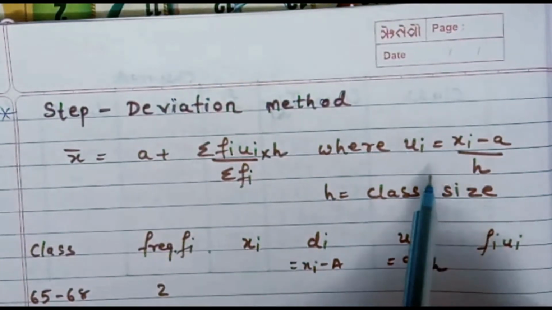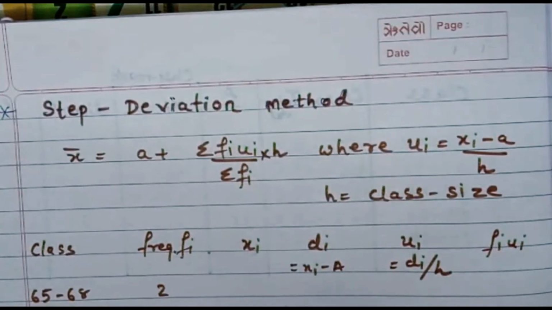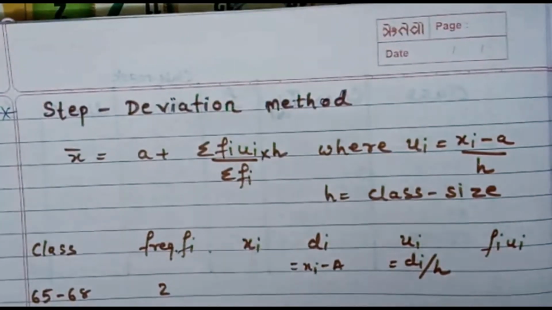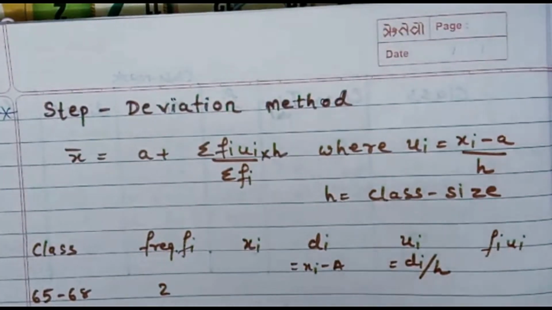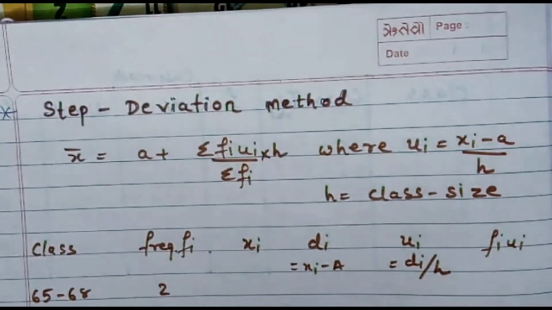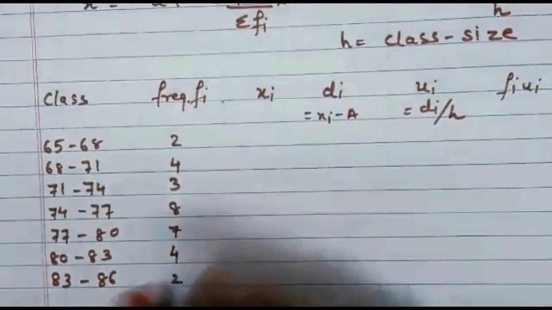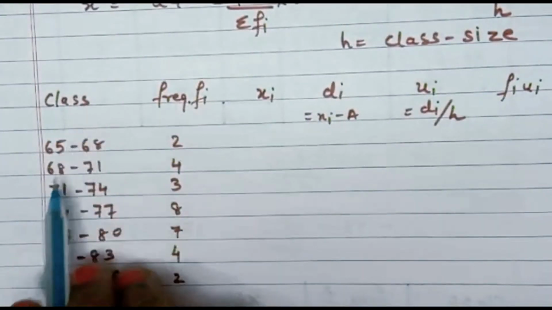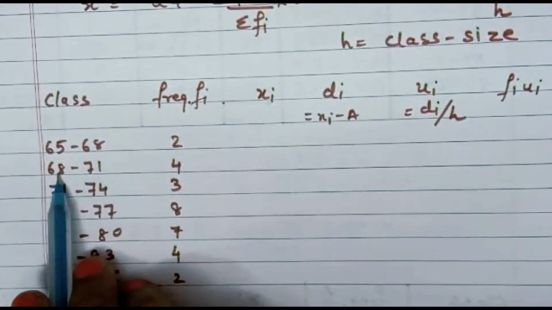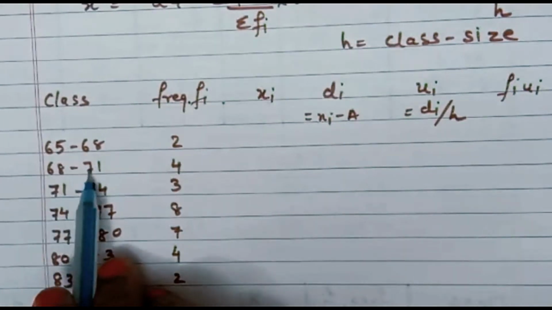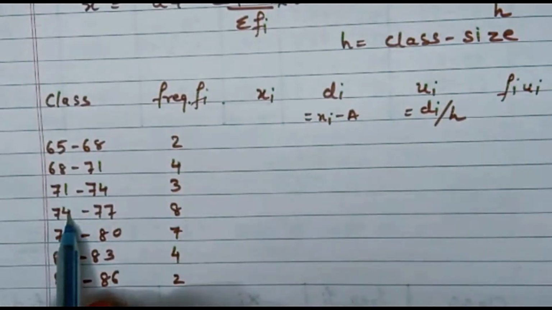That means ui is used where di is having a common factor, right? For example, if you have not understood, we will take one example here as I have written. The classes are 65 to 68, 68 to 71. It's continuous. See, 71 is repeated, 74 is repeated.